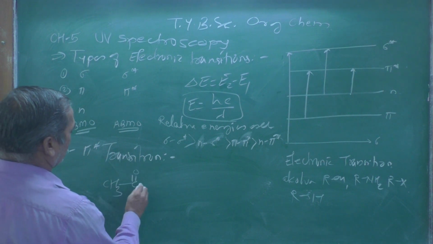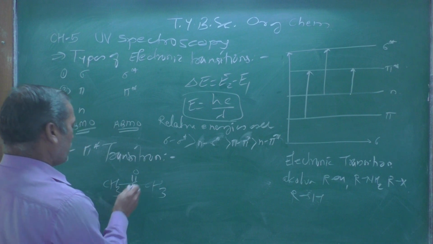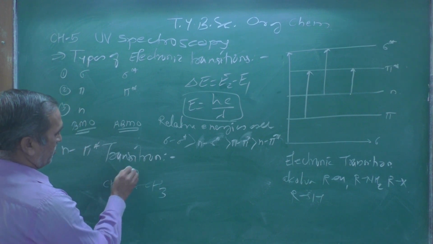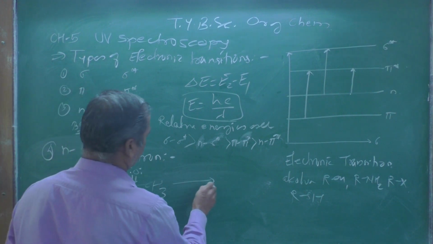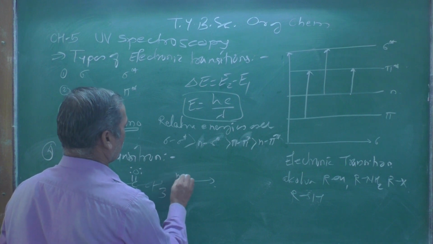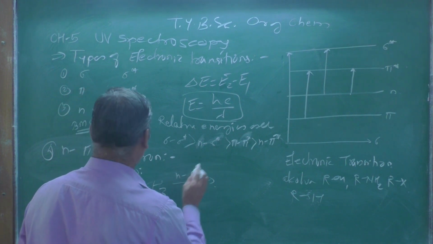Let us see here, CH3, there is a carbon oxygen double bond and a lone pair present over there, and it can show N2 pi star transition.